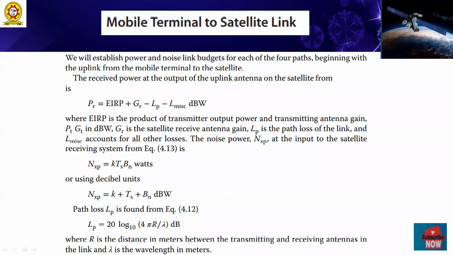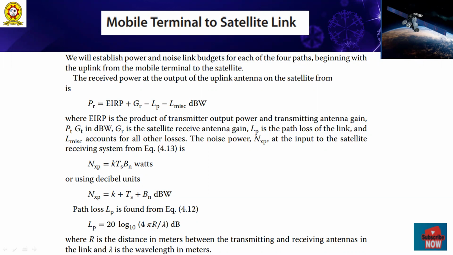And similarly, with respect to our system parameters, we have to justify the implementation of this margin. So how much margin does our system hold in natural form? Once all these parameters are satisfied, then we look for the mobile terminal to satellite link.